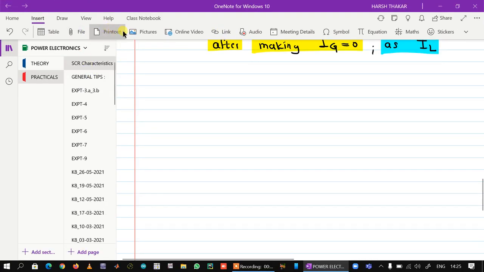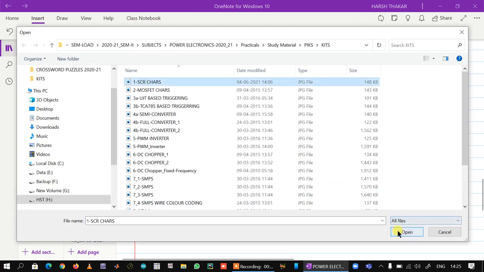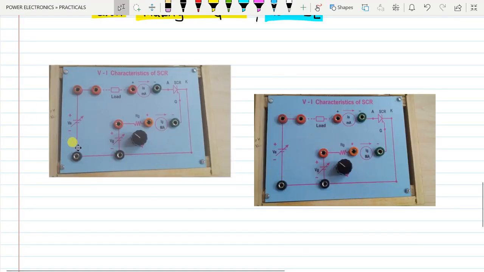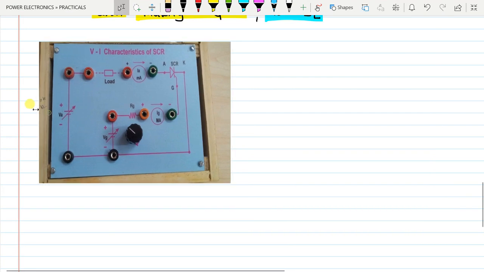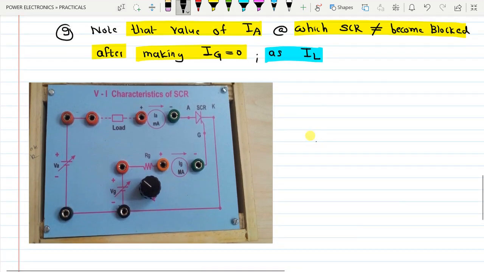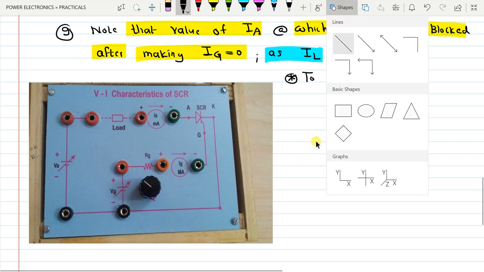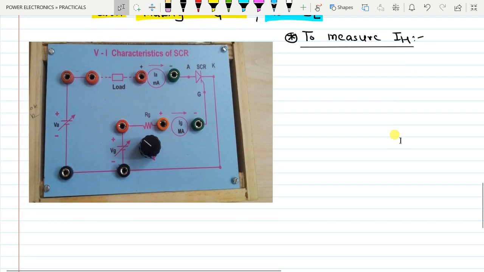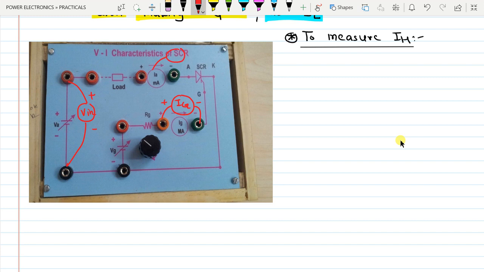Again, we put the top. To measure holding current, connect the meters V in, IA.